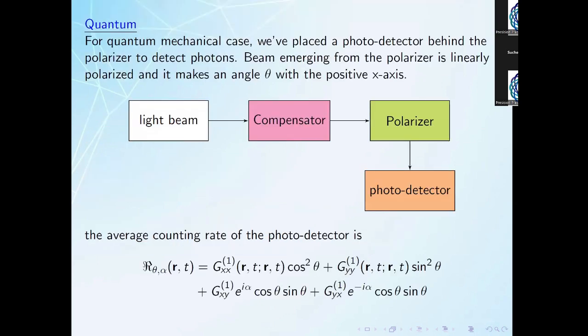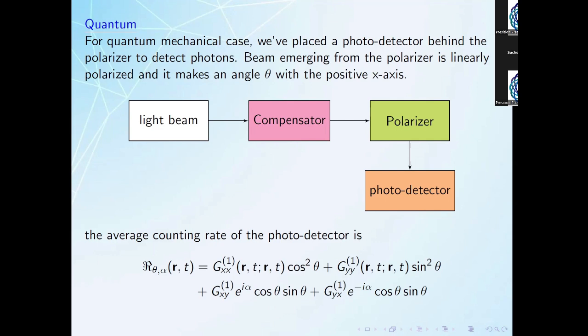Similarly, there is a similar canonical experiment in quantum mechanics. The only difference is that there is a photodetector placed just behind the polarizer to detect the photons.